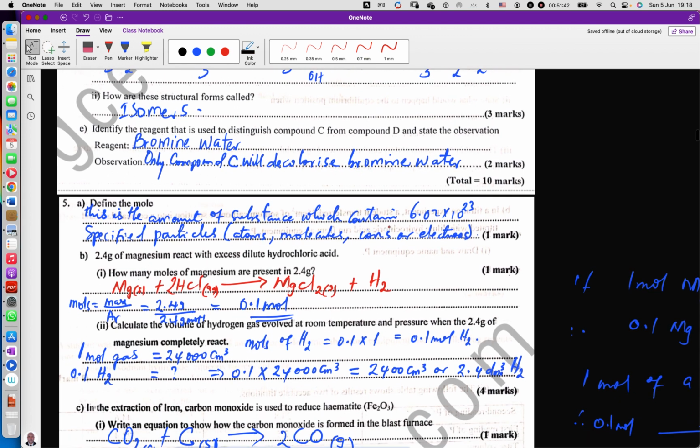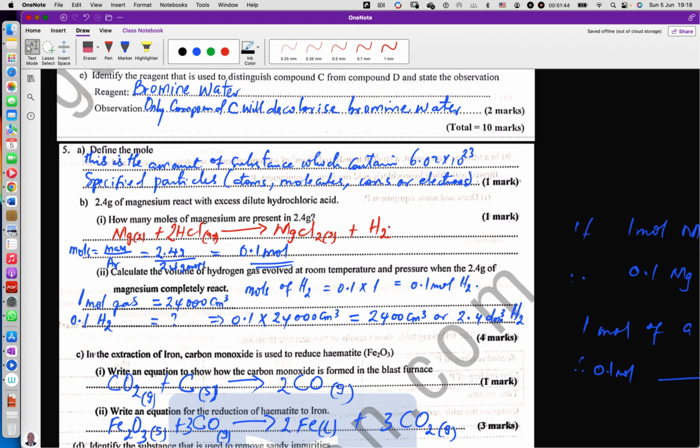That is enough. Define a mole. I can define a mole as the amount of substance which contains 6.02 times 10 to the 23rd specified particles. The specified particles I'm talking of are atoms, molecules, ions, or electrons.